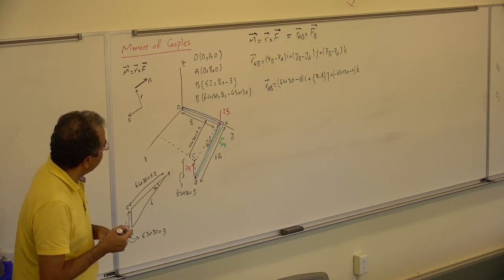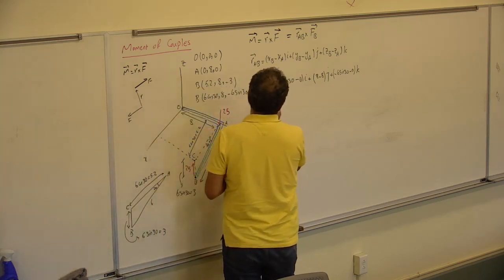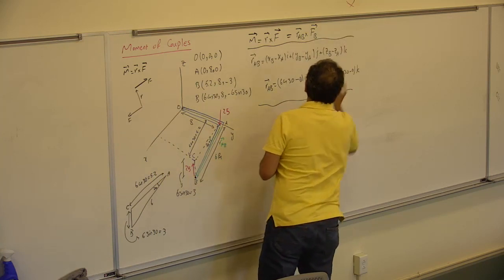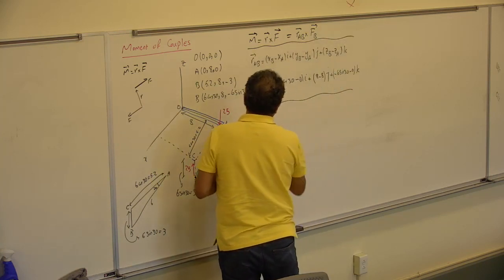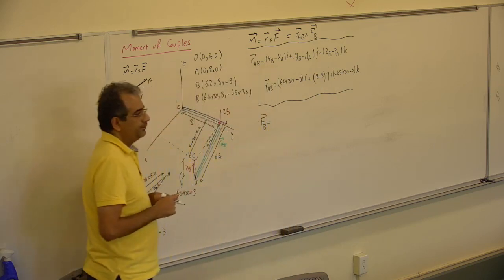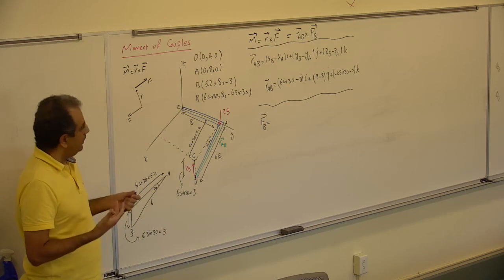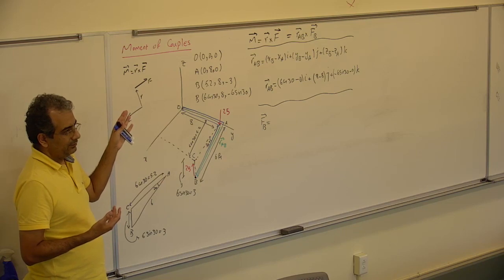What about the F? How much is the F? F at point B is parallel to the z-axis. So would that be 0?